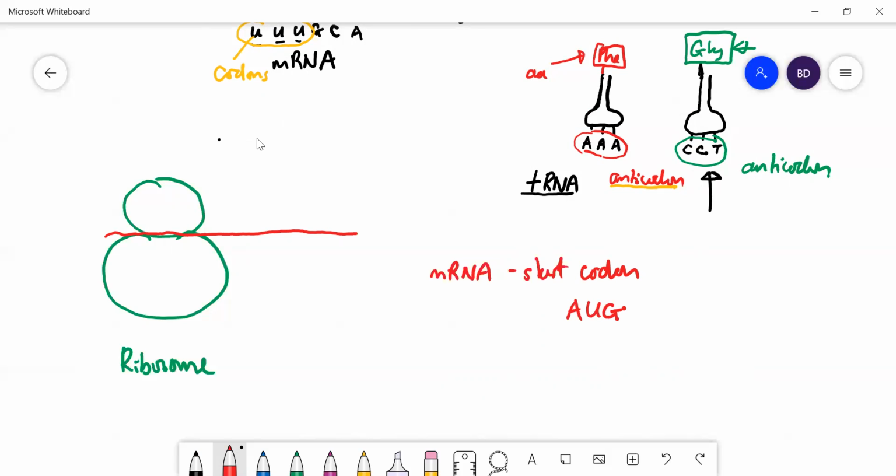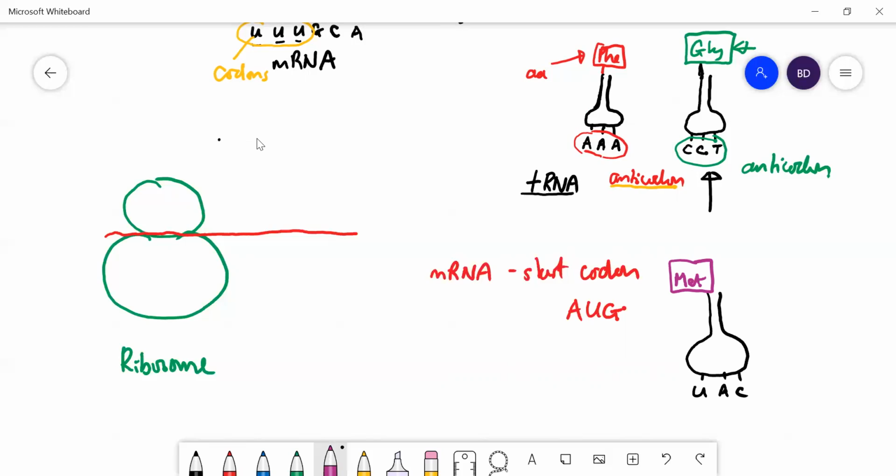And it also codes for the amino acid methionine. So that's the transfer RNA. So the transfer RNA, the anticodon will be U, A, and C, and you'll have the amino acid methionine there attached to it. Okay, it all starts with that.